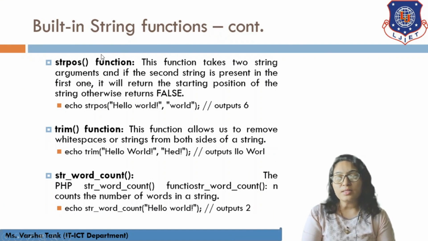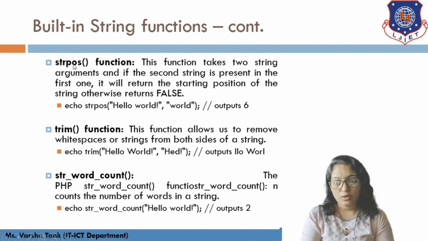Now the next built-in string function is strpos, the string position function. This function takes two string arguments, and if the second string is present in the first one, it will return the starting position of the string.